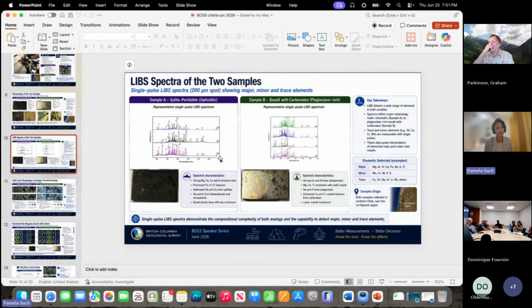Nevertheless, as I just explained, when you're running core in these new machines that run LIBS maps over the samples, the lasers generate changes in the mineralogy of the surface of the core.